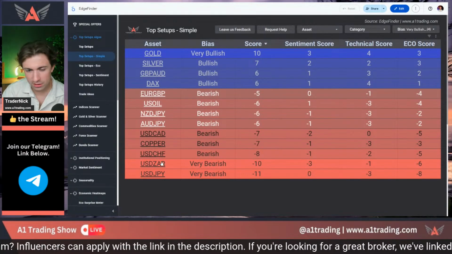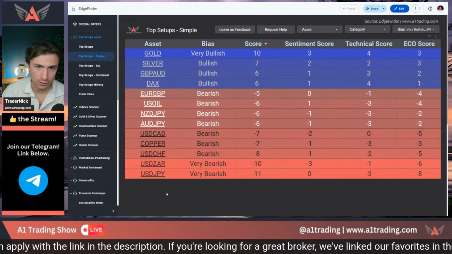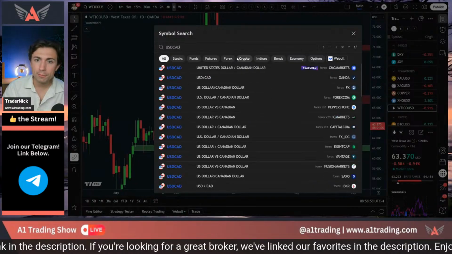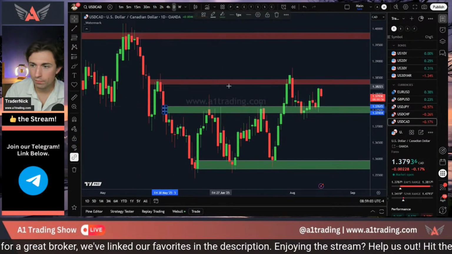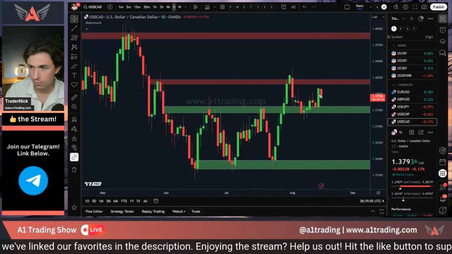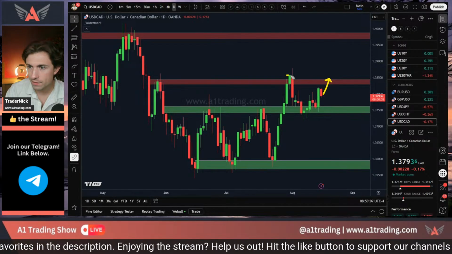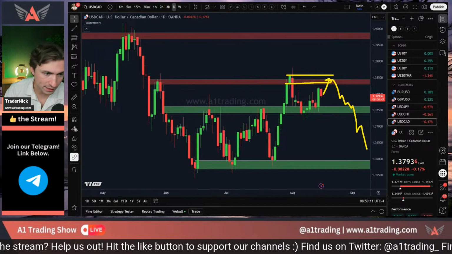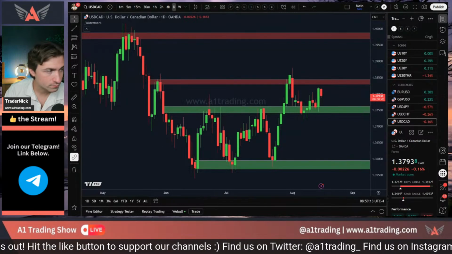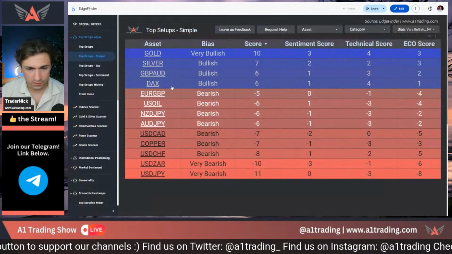Dollar CAD. Look at these dollar pairs. Some dollar pairs are getting some bearish setups. So dollar CAD, for example, is a bearish setup. If it swings back up into this area, this may be a little bit more of a bearish setup to me on dollar CAD. Let's see.